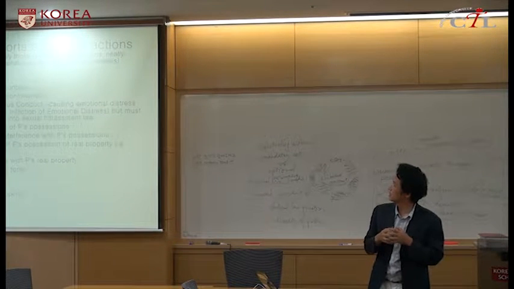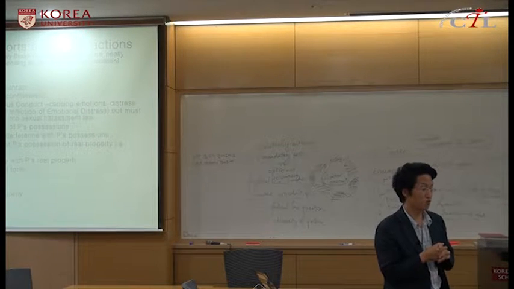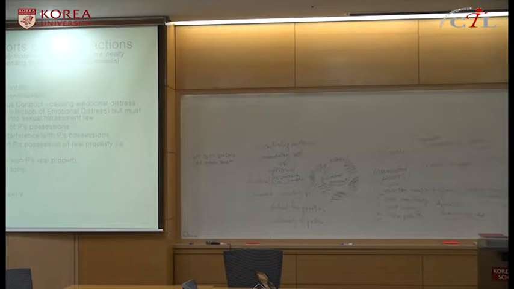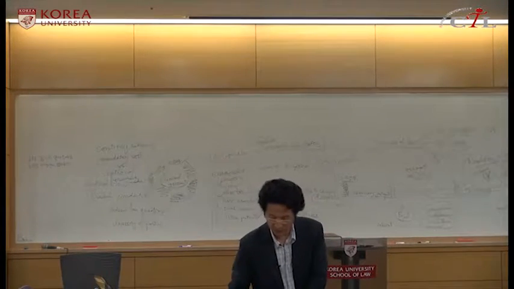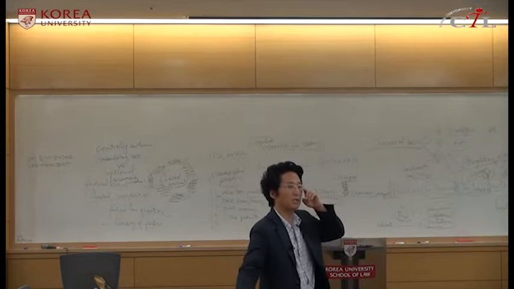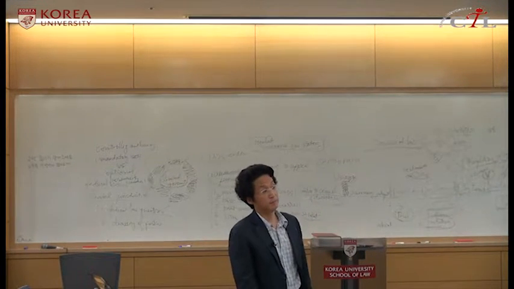Trespass and nuisance are intentional torts against real property, 부동산. Ousting of plaintiff's possession of real property is trespass. Let's say it's somebody's land and I go inside and stand there.